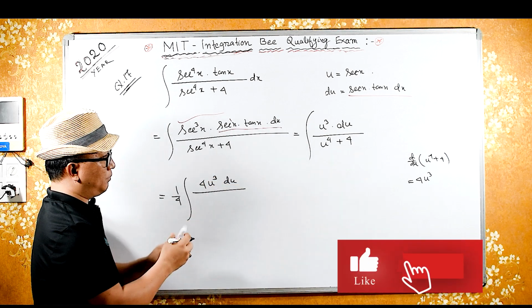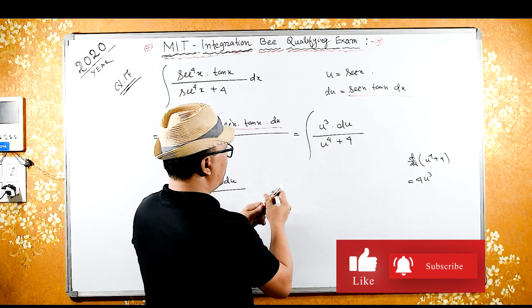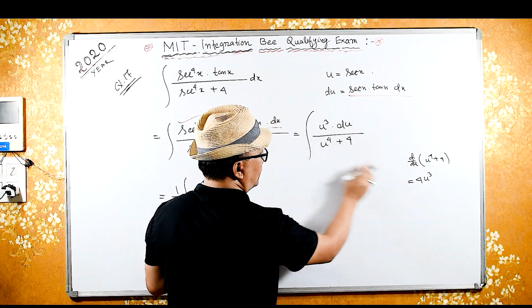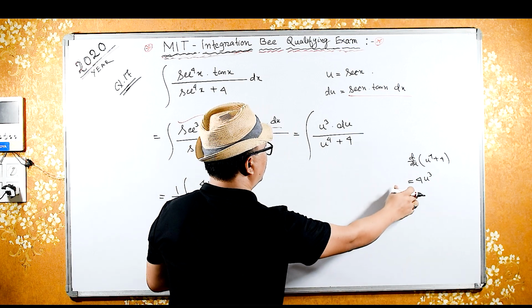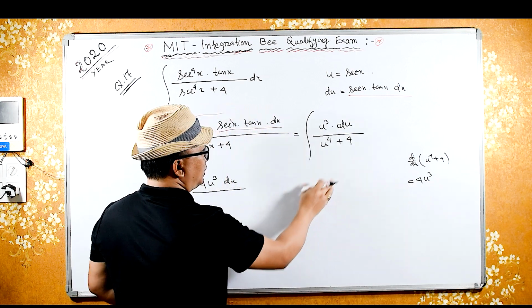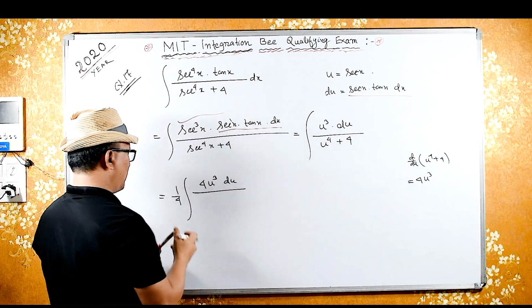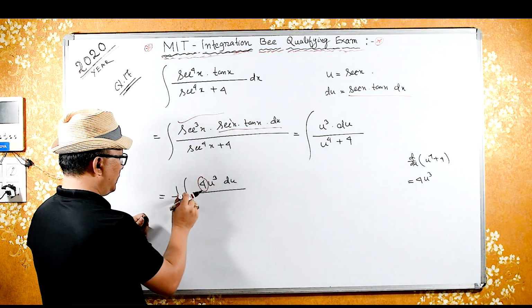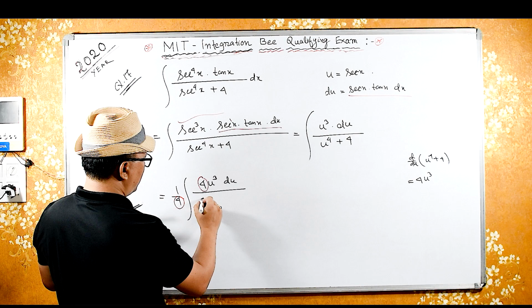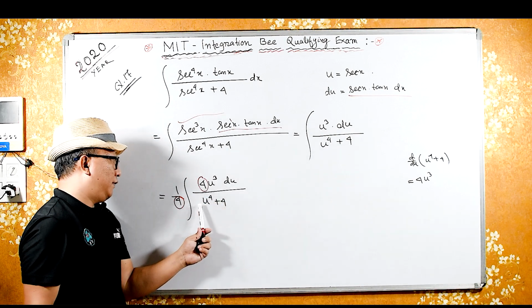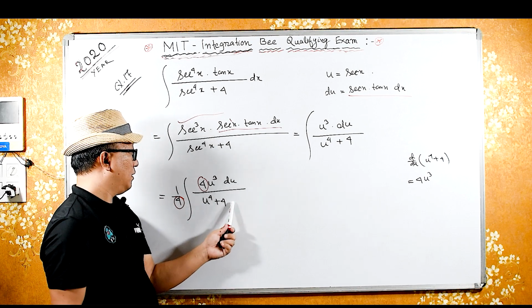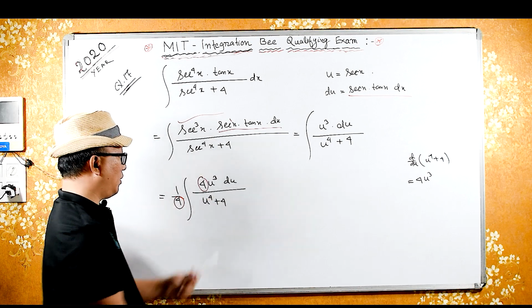Why am I writing 4? Because the differentiation of the denominator is 4u cube plus 0. So in order to get the differentiation of the denominator perfectly, I am adjusting by 4, because these 4 and 4 get cancelled. The denominator is u raised to 4 plus 4. Now if you are getting the differentiation of the denominator on top, then that is a log.